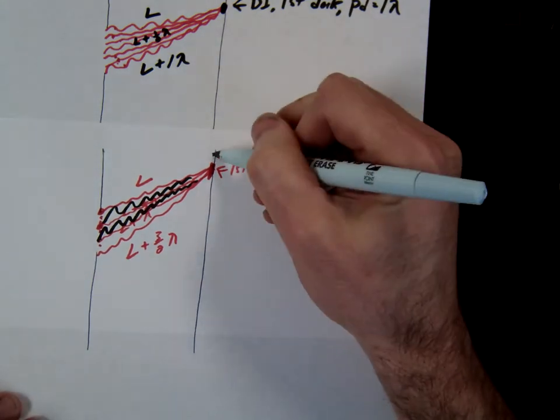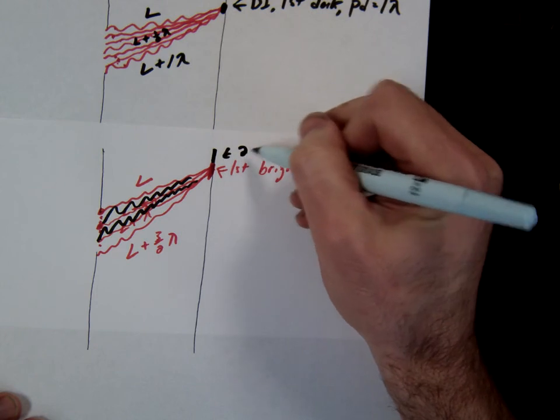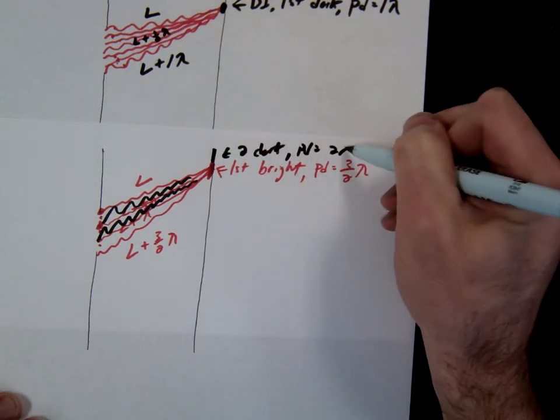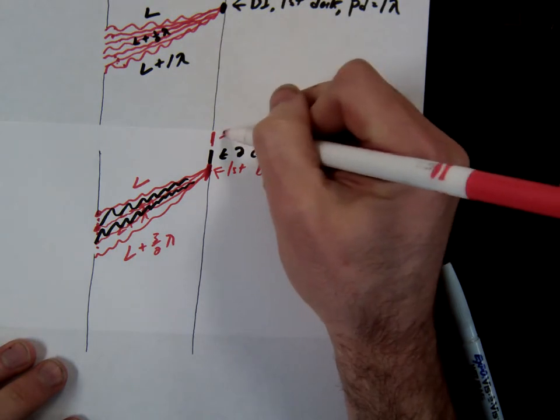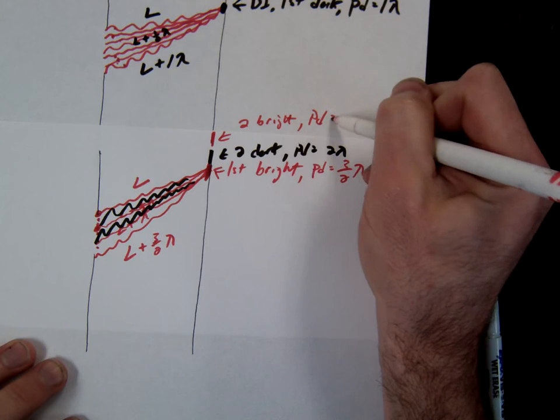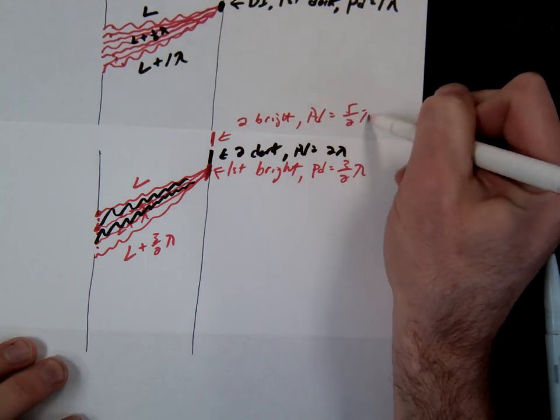Where do you think the second dark is going to happen? You could probably guess at this point. Second dark is path difference of 2. What about the second bright? Second bright, path difference equals 5 halves. So when you're done, this is kind of what it would look like.